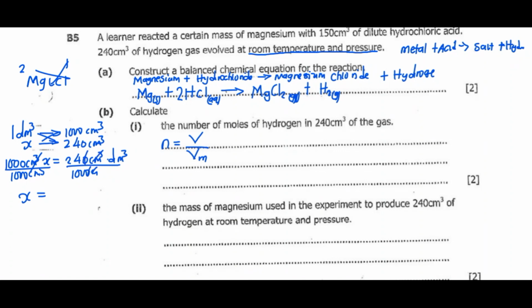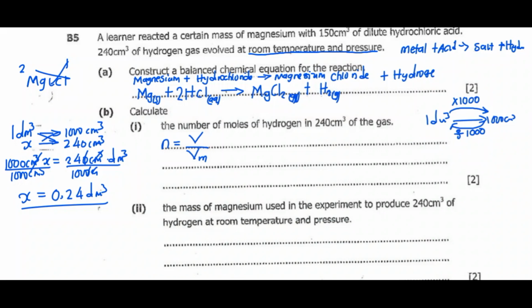We know that this will give us 0.24 decimeter cubed. So we'll say 1 decimeter cubed is equal to 1,000. If you are converting from decimeter to centimeter, remember to multiply by 1,000. Then the reverse is also true. If you are converting from centimeters to decimeter, you divide by 1,000. So that's a concept here.